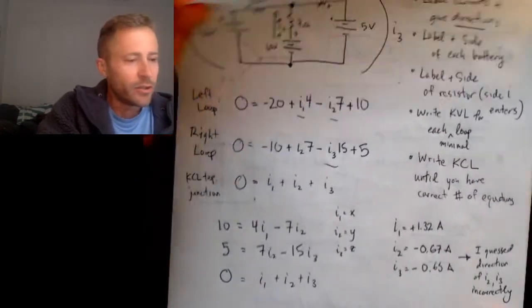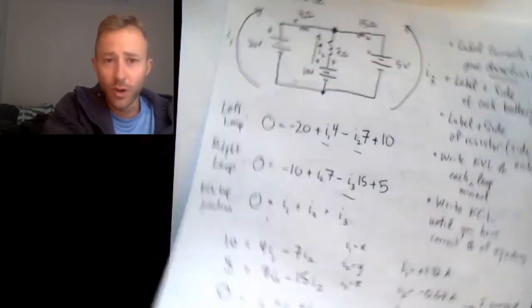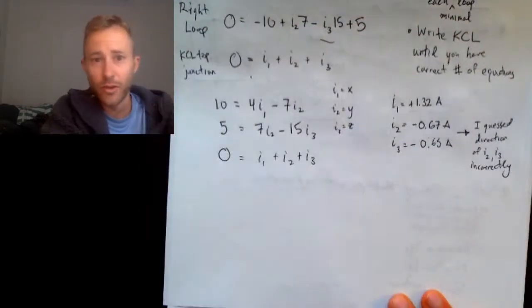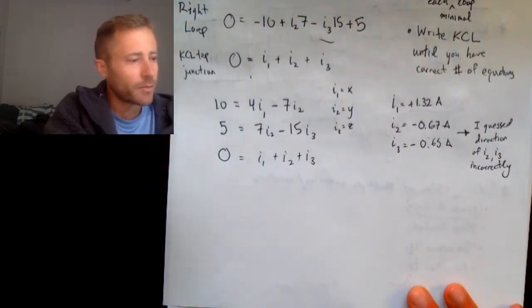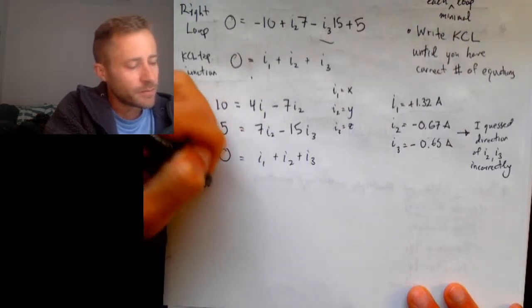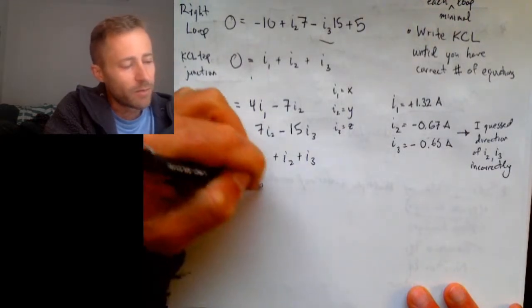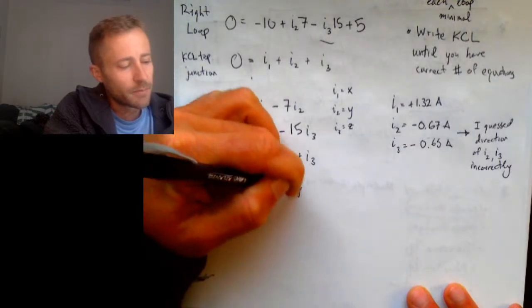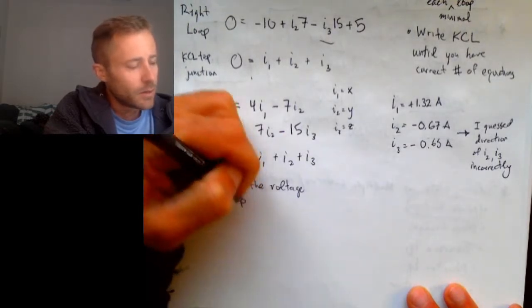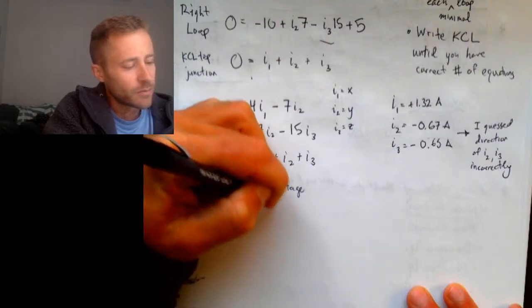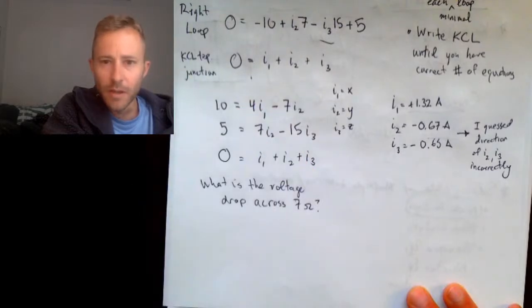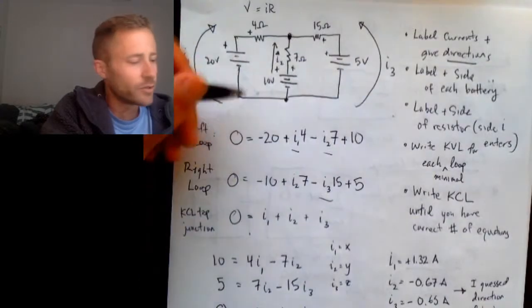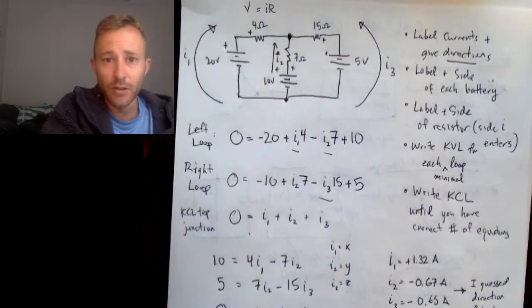So then we can use this information to solve for whatever we want to solve for. Maybe we are just solving for the current. That's completely fine. But I could say something like, what is the voltage drop across the 7 ohm resistor? The 7 ohm resistor is experiencing current I2.